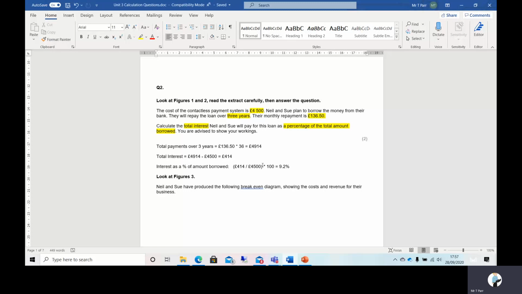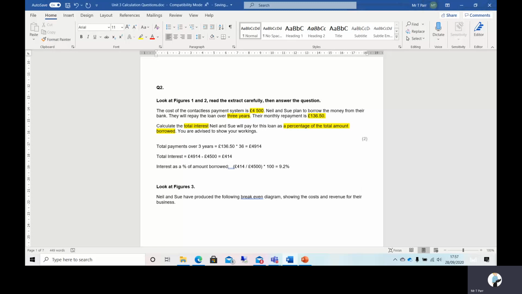Because 414 is 9.2% of 4,500. I suppose an alternative way of doing it, you could do 100 divided, I think this is right, by 4,500, and you multiply that by the interest, 414. That might be wrong, I don't know.